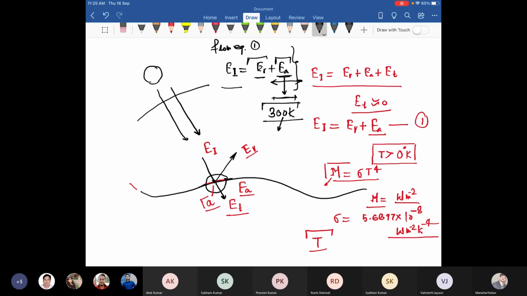So we can write this equation in spectral form: EI(λ) is equal to the reflected component ER(λ) plus EA(λ). Again, the absorbed component is also a function of wavelength.